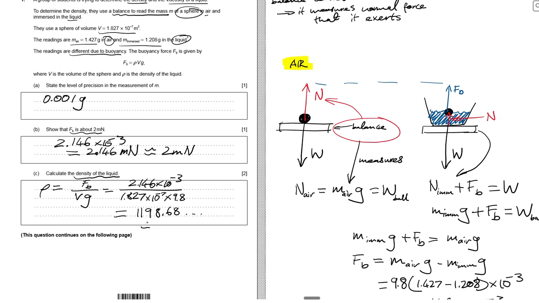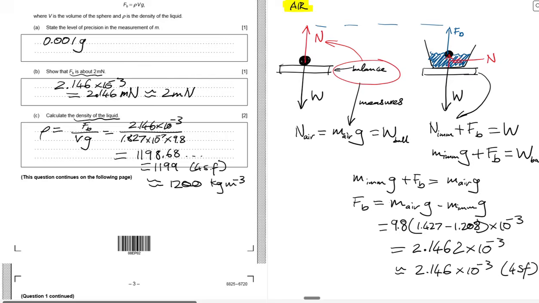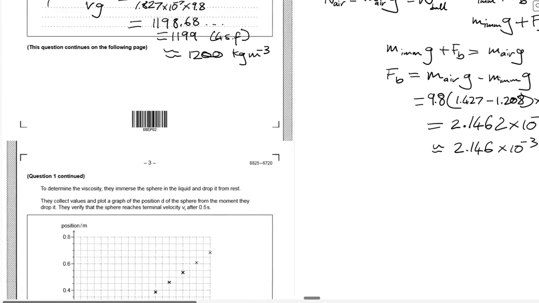If we put that in 4 significant figures, we can just simplify that to about 1200. And that should be in kg per meter cubed, right? And so that's our answer, and we can move on to D.